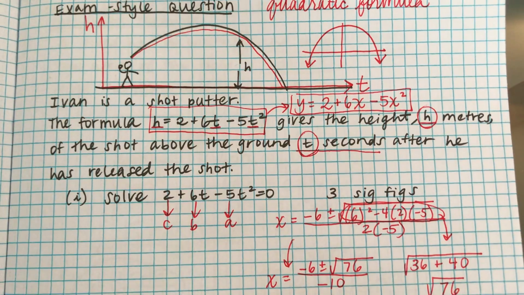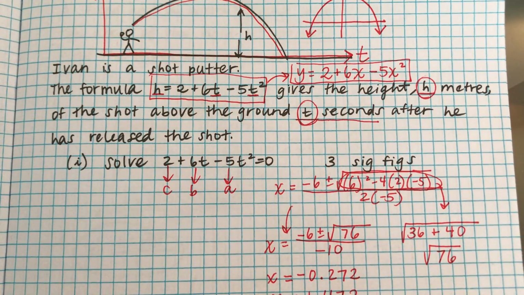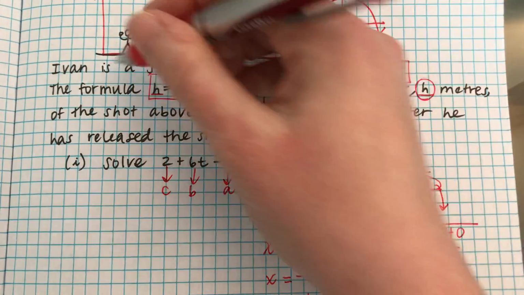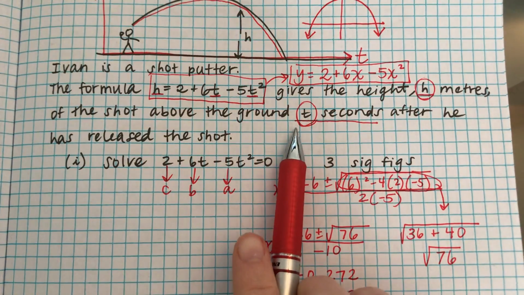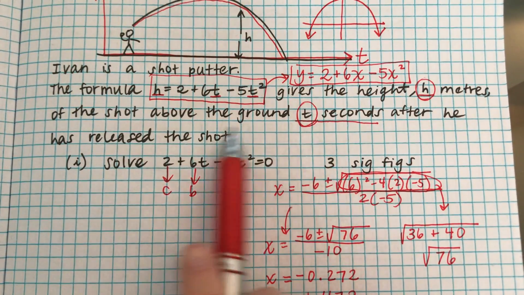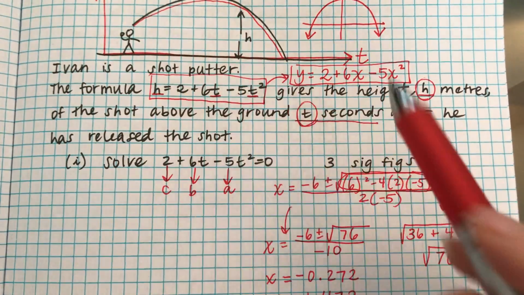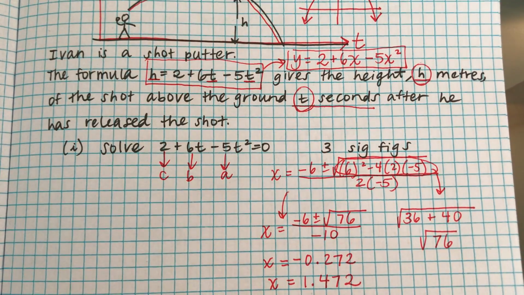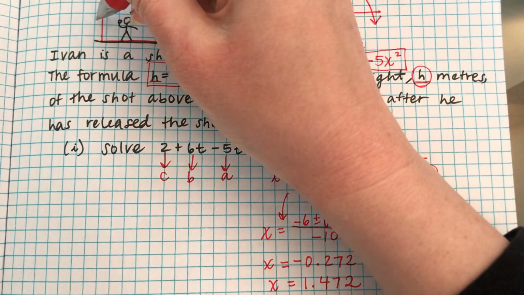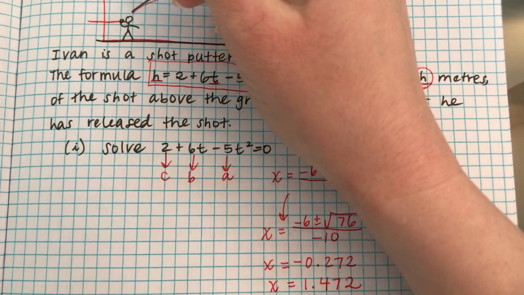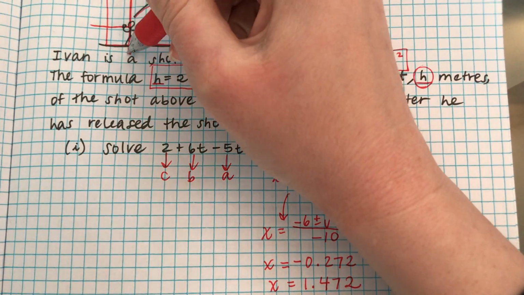So let's think about what we just solved for there. We just solved for the time of this situation, the time of what it took for him to throw this shot put. I know we came up with 2 different answers, but imagine that he threw it from this height, and this is like our starting value.